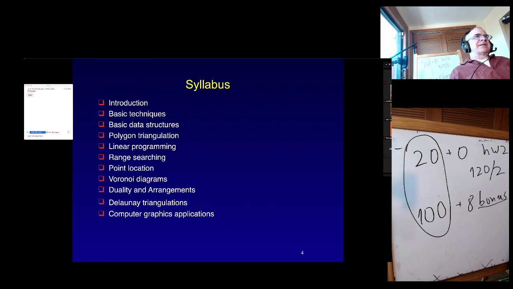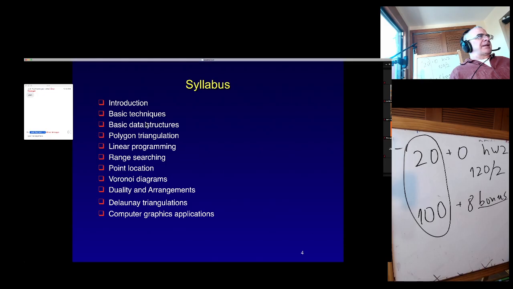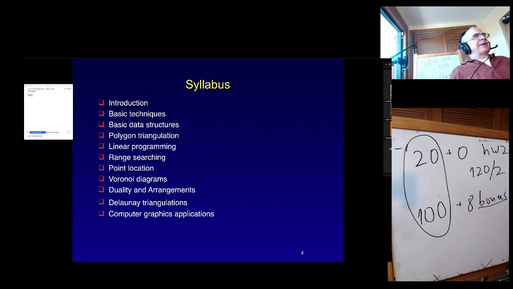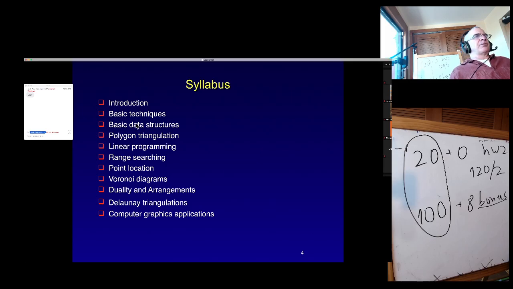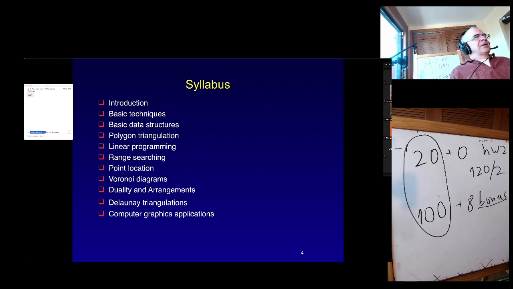Data structures play a big role in computational geometry, the basic ones of how we represent surfaces, how we represent maps and partitions of the space or the shape into elementary units that we can work with. People that took graphics with me or elsewhere will see a lot of familiar terms when we talk about basic data structures. We will talk about polygon triangulations.